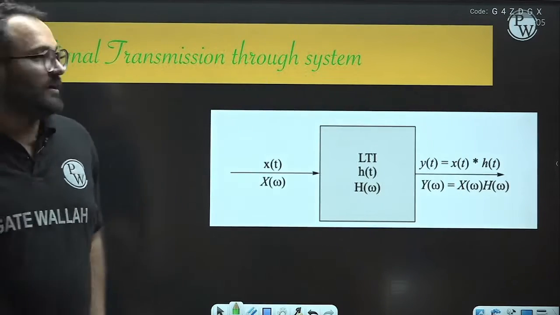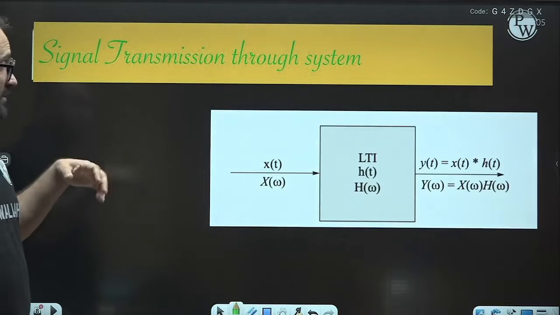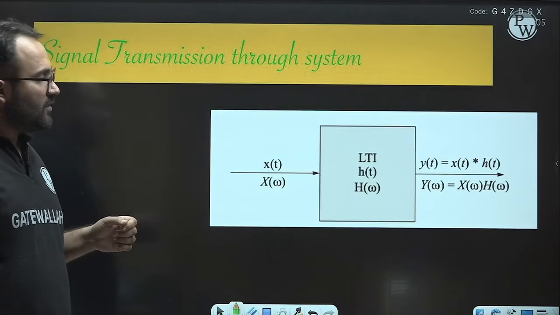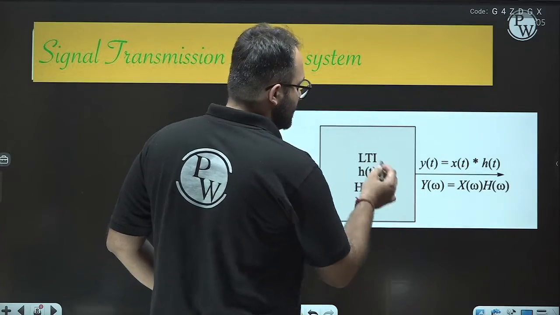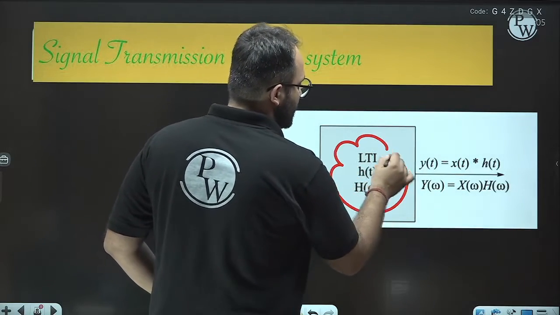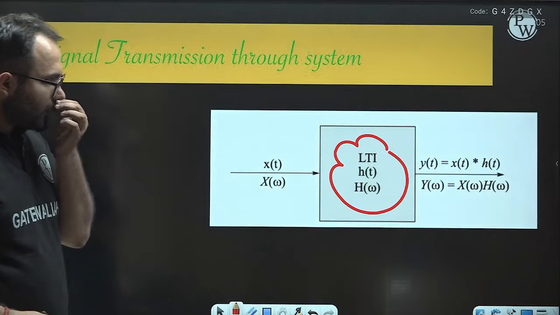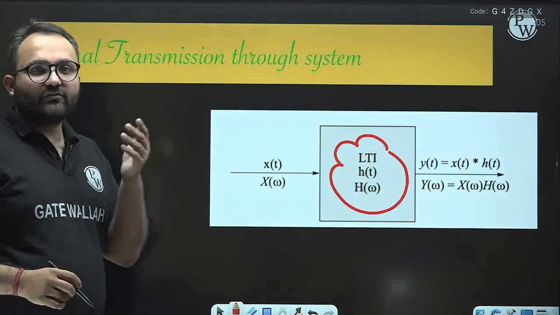Exactly similar things we have seen in Laplace also. We have the LTI system with impulse response h of t. The Fourier transform of h of t is called H of omega.